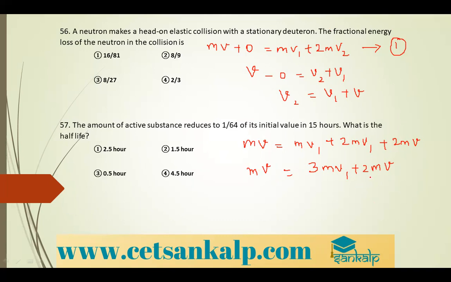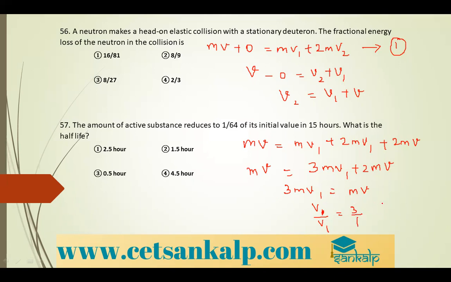So 3mv1 is equal to mv, so v divided by v1 is equal to 3 divided by 1.